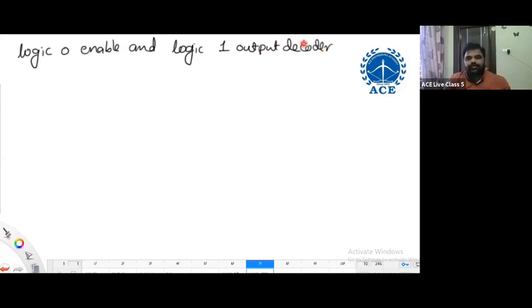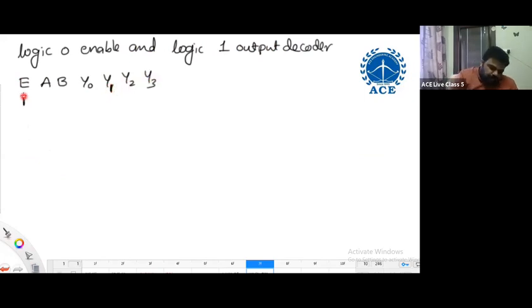Enabling with 0, but output is 1 only. First, let me write the table: E, A, B, Y0, Y1, Y2, Y3. Exactly reverse with respect to enable.